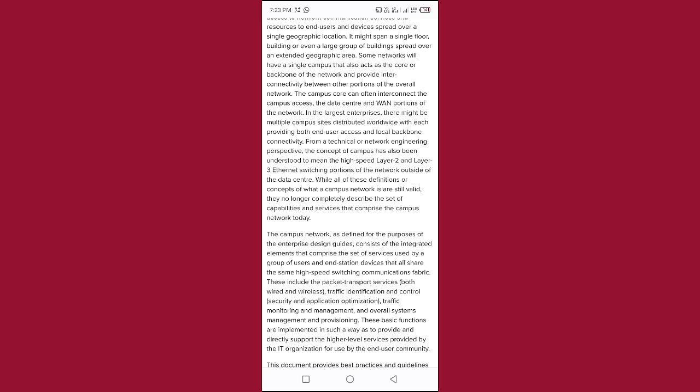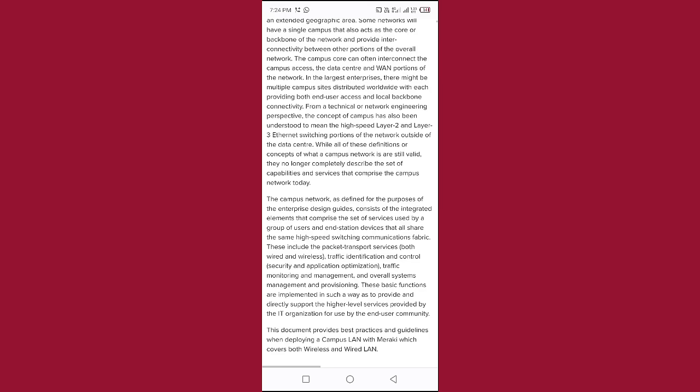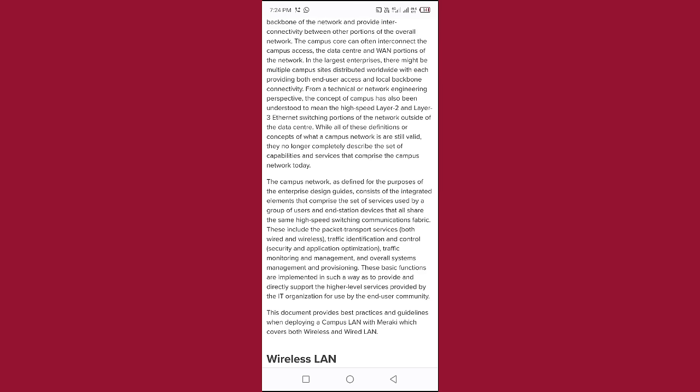These include the packet transport services, both wired and wireless traffic identification and control, security and application optimization, traffic monitoring and management, and overall systems management and provisioning.